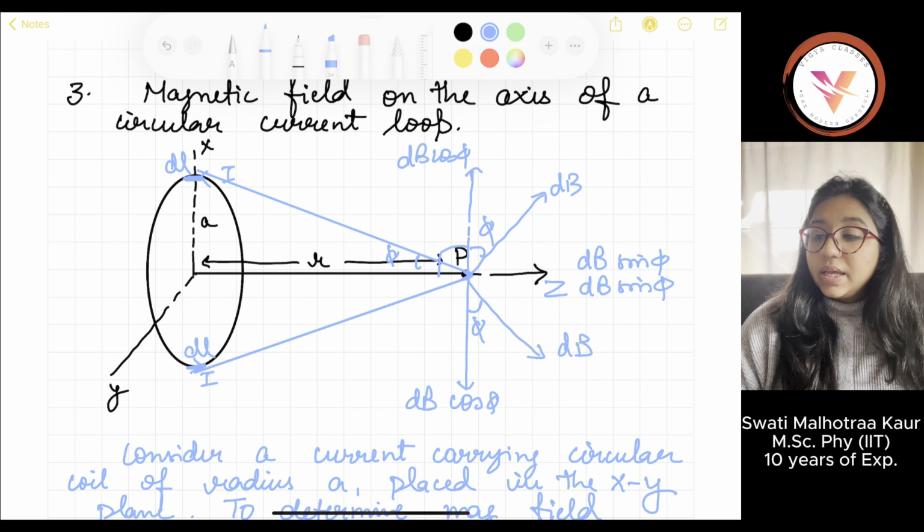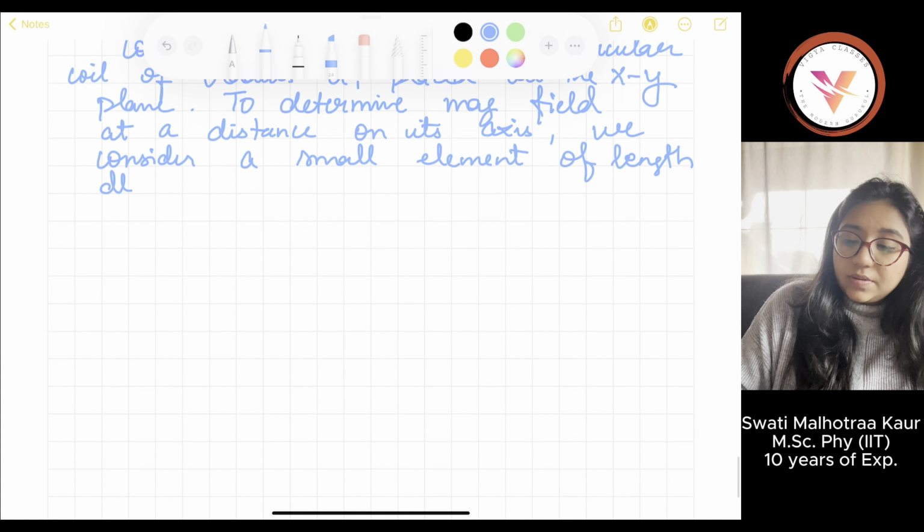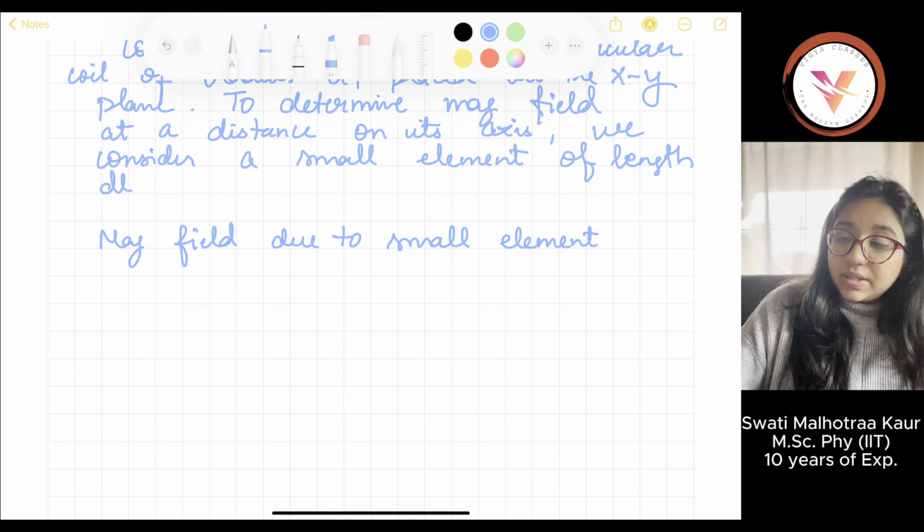So the magnetic field due to the small element has two components.